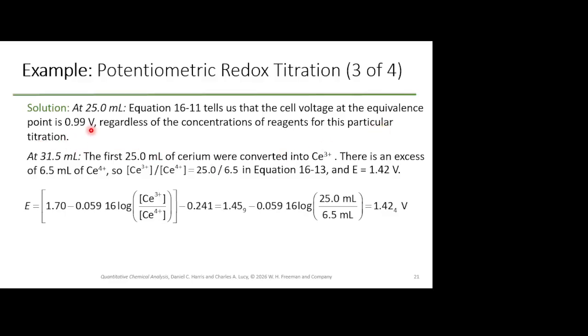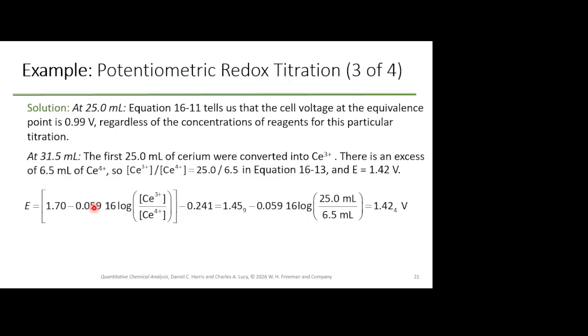That's going to end up being 0.99 volts because that equation is entirely independent from concentrations. We had no concentrations in that equation whatsoever. So the answer we got when we did that part is the same answer, as long as you're looking at that same reaction. If it's at the equivalence point, that's what it is, because you've used up all the species.